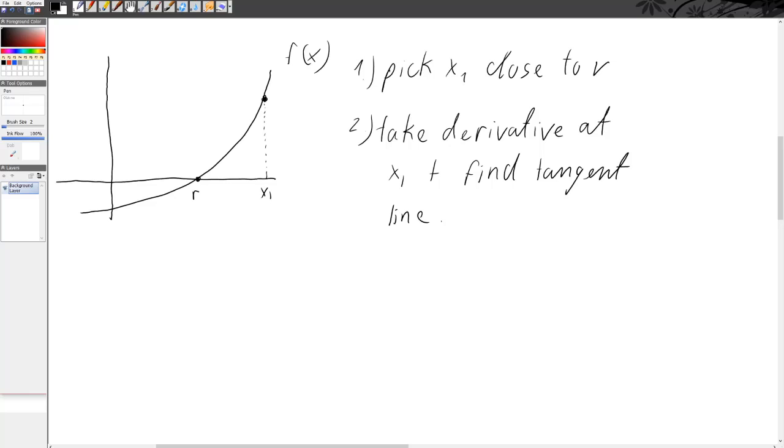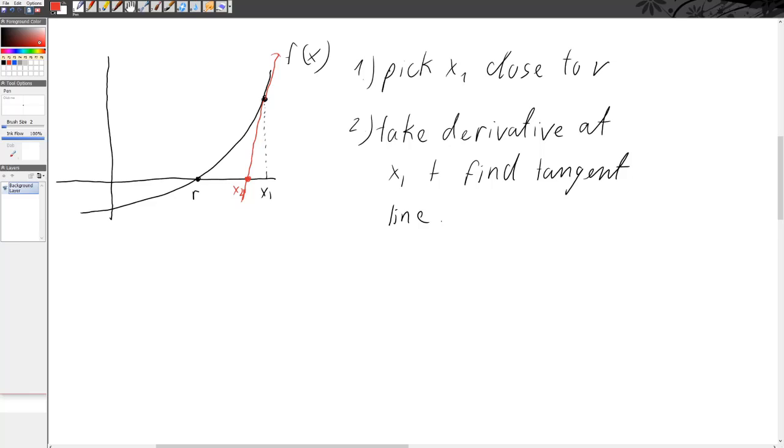All right. So let me draw the tangent line. This tangent line hit the x-axis at some point, x2. And what we want to note right here is that x2 is closer to r than x1.